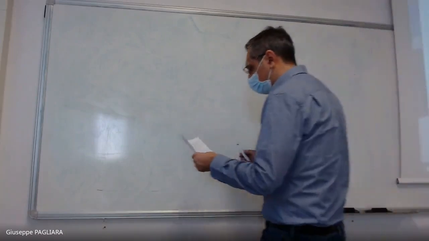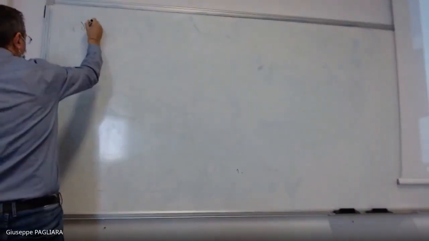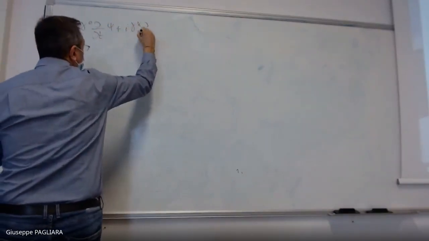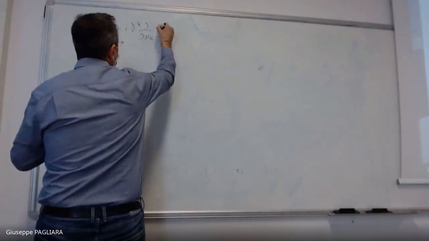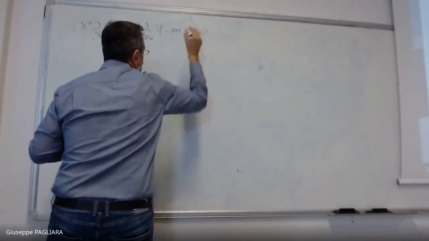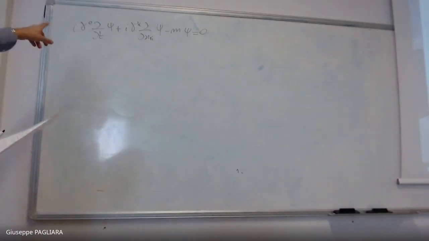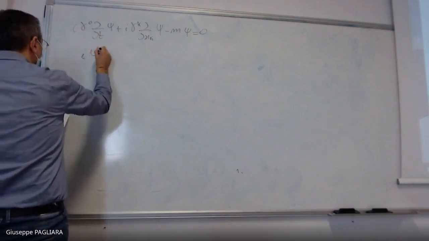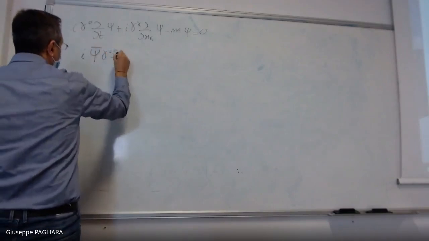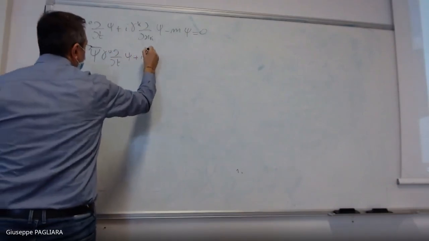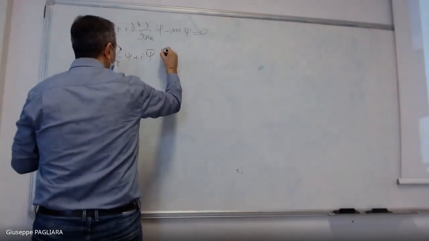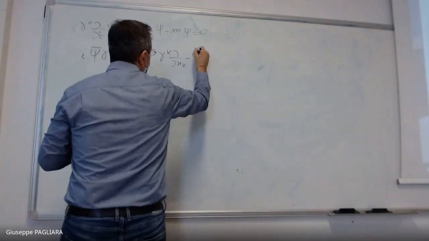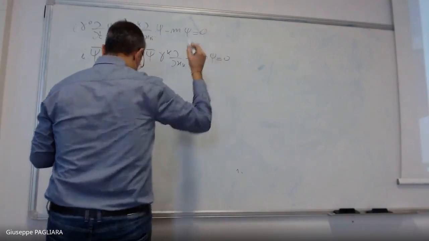Okay, so our starting point is, as usual, the Dirac equation in the canonical form: i gamma 0 ∂_t psi plus i gamma k ∂_xk psi minus m psi is equal to 0. Now we multiply the Dirac equation on the left by the adjoint spinor. So this is going to be i psi bar gamma 0 ∂_t psi plus i psi bar gamma k ∂_xk psi minus psi bar m psi equals 0.